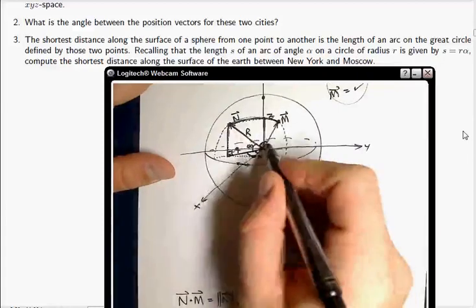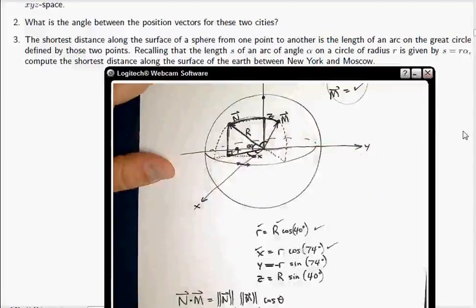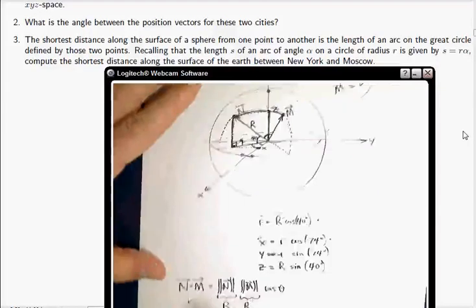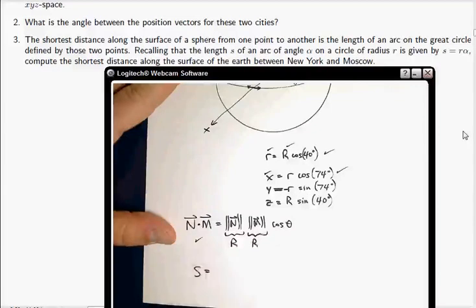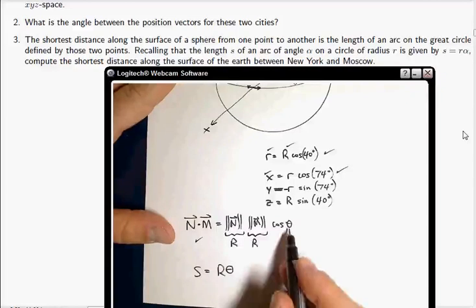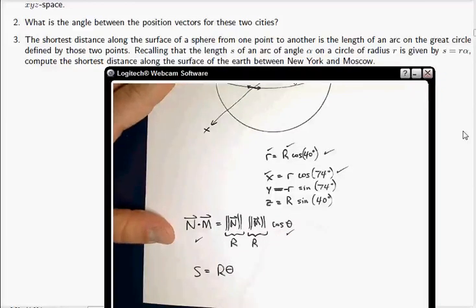We know the angle and the radius, and there's an old formula that the length of an arc of a circle is just the radius times the angle. So we plug in the angle theta we just computed and the radius, and that gives the distance the airplane travels.